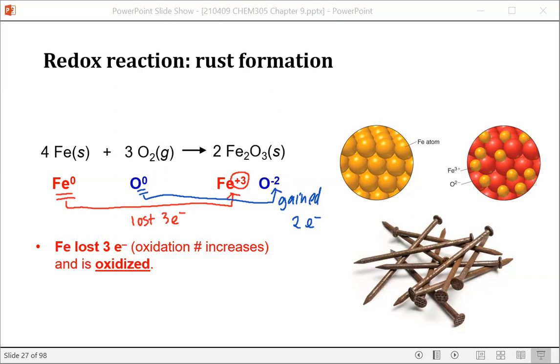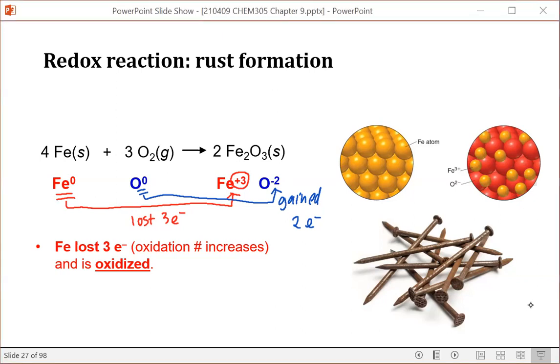So going back to Leo says Ger, we identified the loss of electrons, that iron lost electrons. Its oxidation number increased because it was losing negative charge, so it was oxidized, which means that oxygen was reduced because there's always this transfer. So if one reactant is oxidized, the other one is reduced. So oxygen gained electrons, Ger, gain of electrons is reduction.